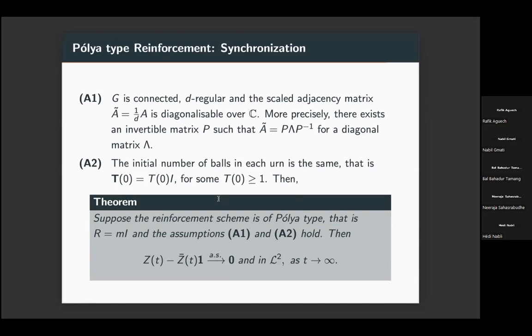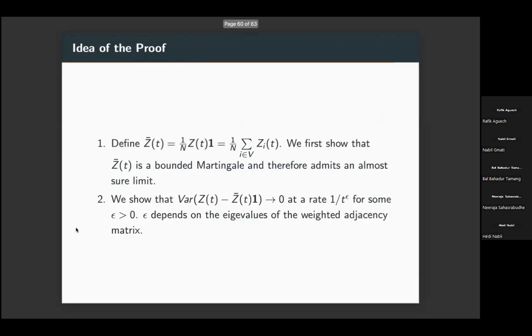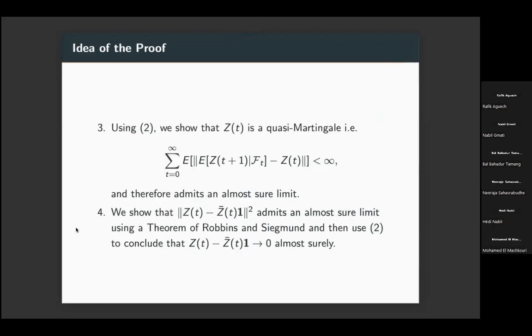There are only flexible vertices, and the reinforcement type is Polya type across. So you show that ZT also admits an almost sure limit. That we do by showing that ZT is in fact a quasi-martingale. And then finally, you show that the norm of ZT minus Z bar T admits an almost sure limit. And because the second moment is going to 0, this has to go to 0. So that's the sketch of the proof.